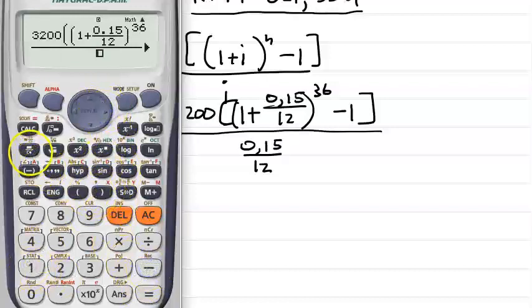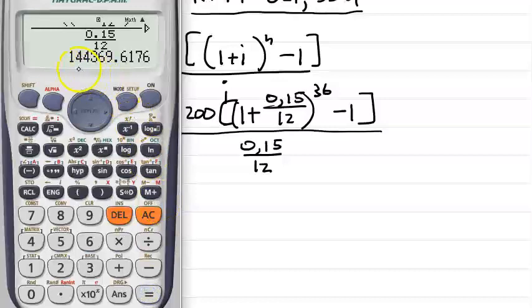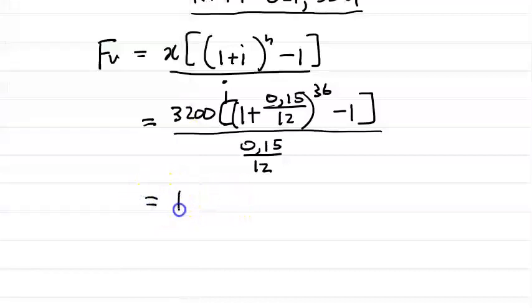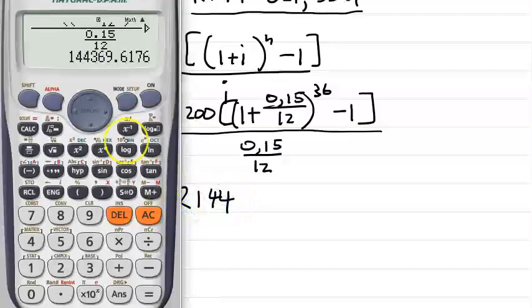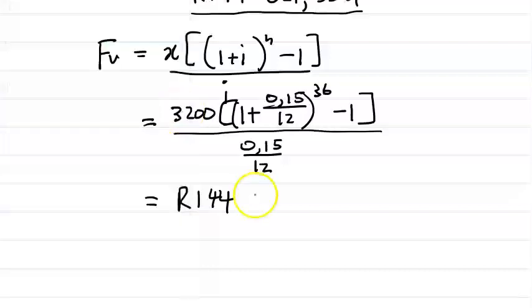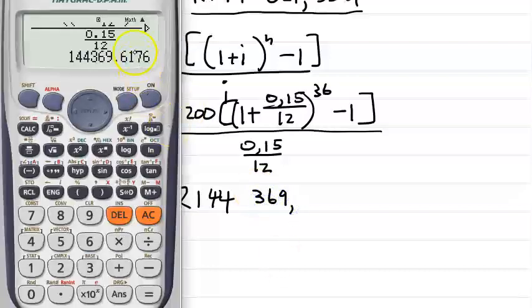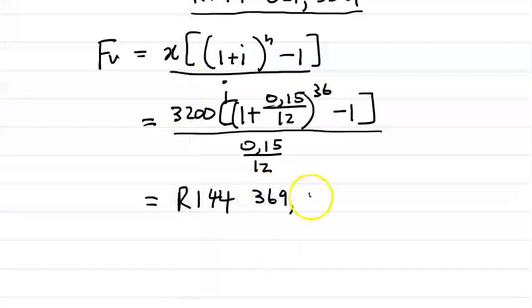And to complete our formula, that's 0.15 all over 12. So that's equal to 144,369 rands. And we're not going to round off now, so we're going to write .6176.